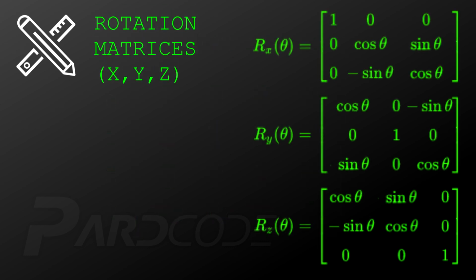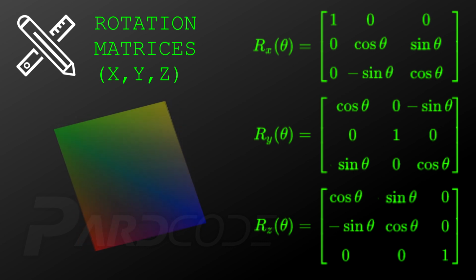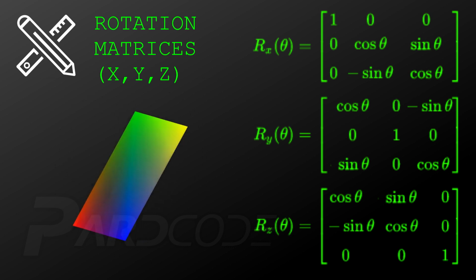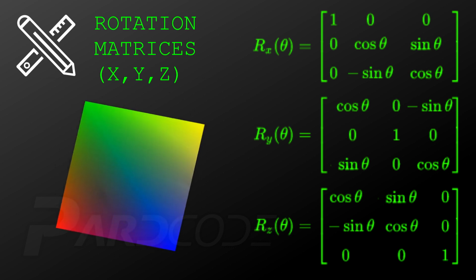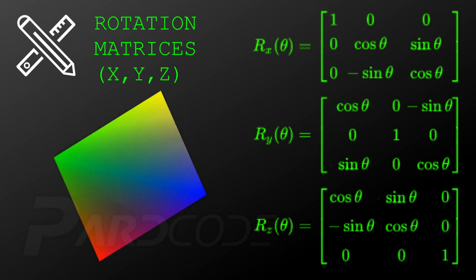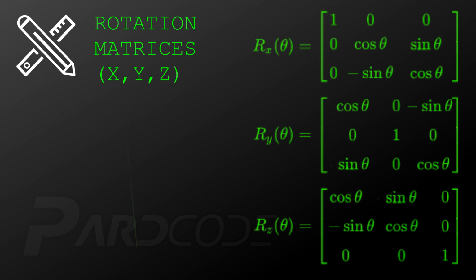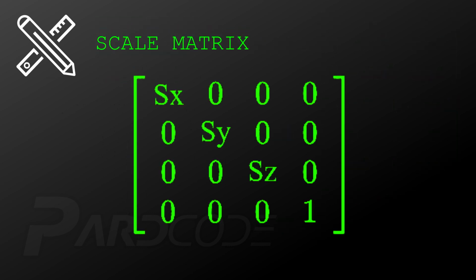Other transformation matrices are the rotation matrices. These matrices allow us to rotate our vertices around a specific axis. Indeed, we have a rotation matrix for each type of axis, one for the x, one for the y, and another one for the z axis. Last but not least, we have the scale matrix.